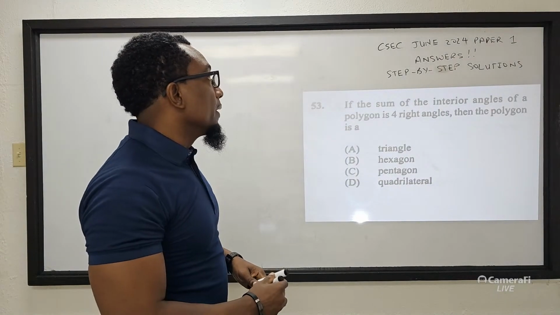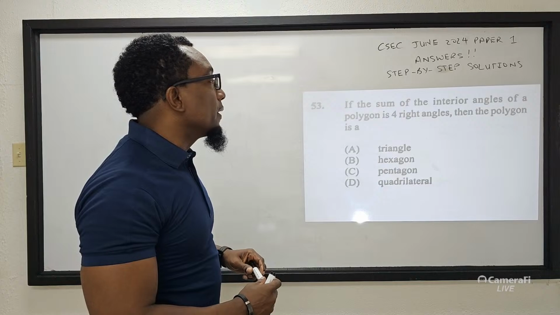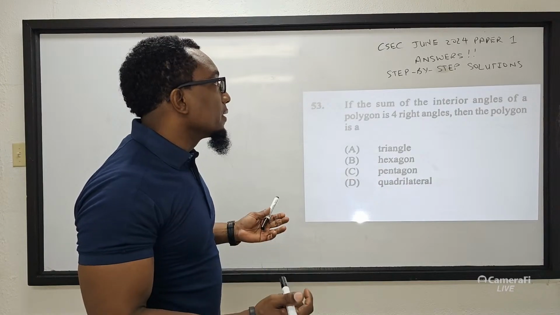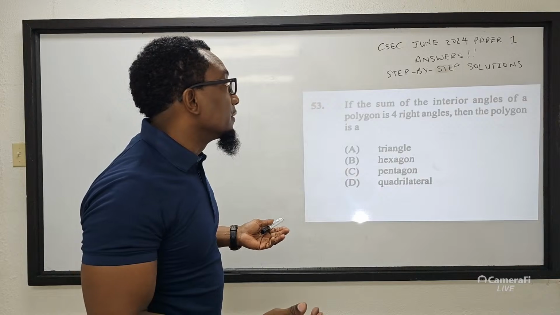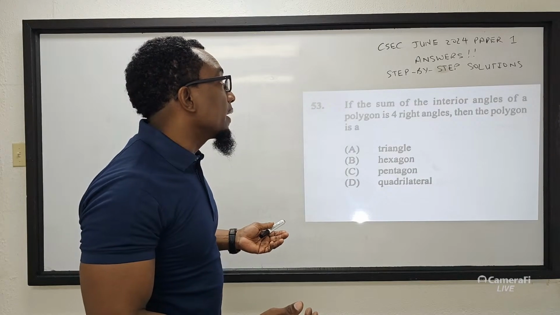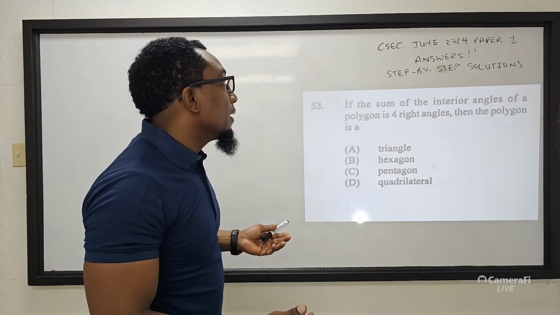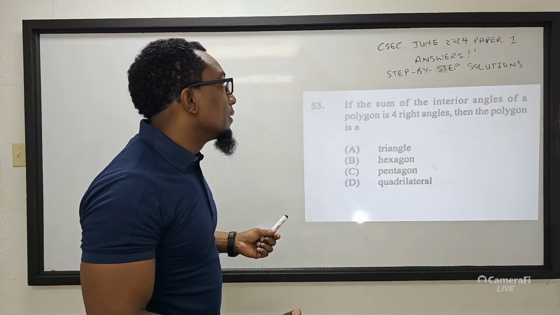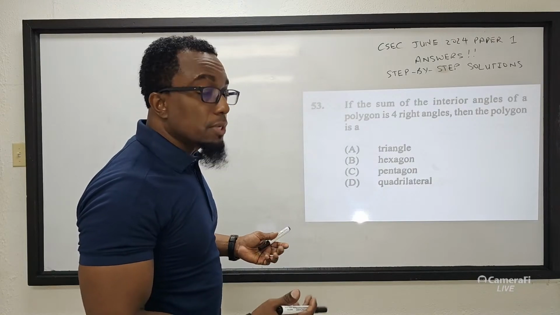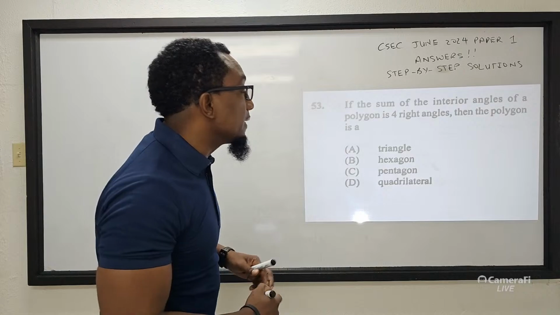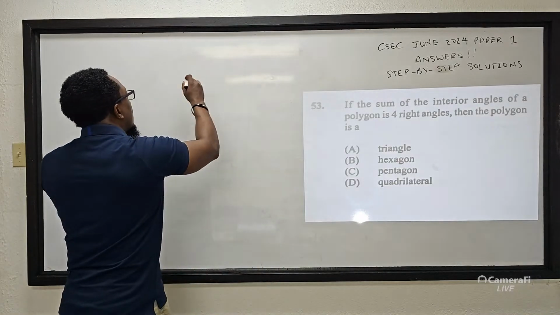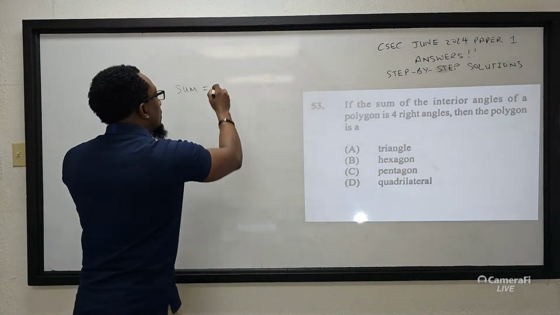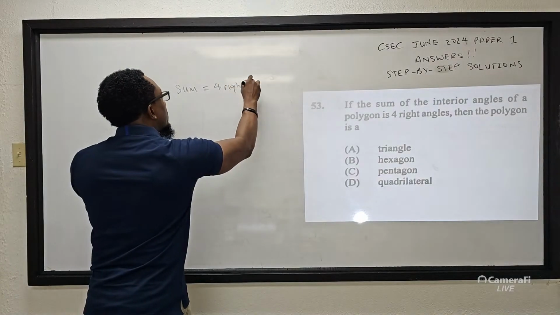If the sum of interior angles of a polygon is 4 right angles, then the polygon is what? That's simply a quadrilateral, right? The sum is equal to 4 right angles.